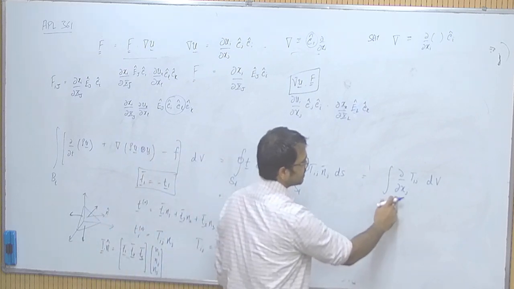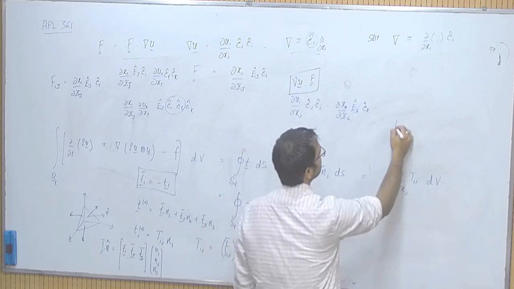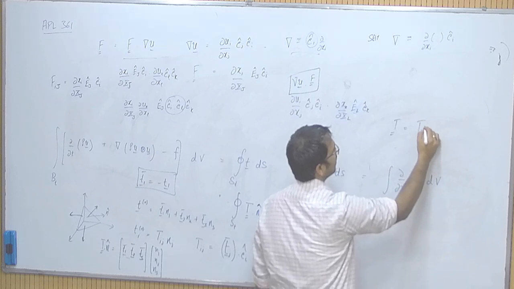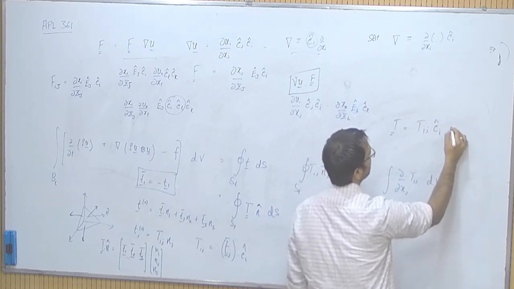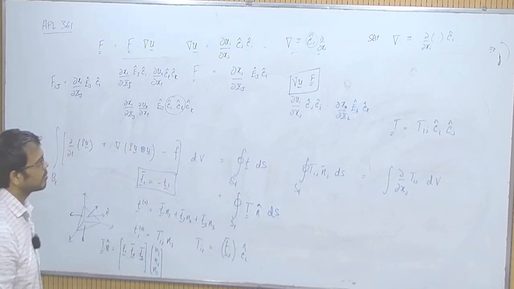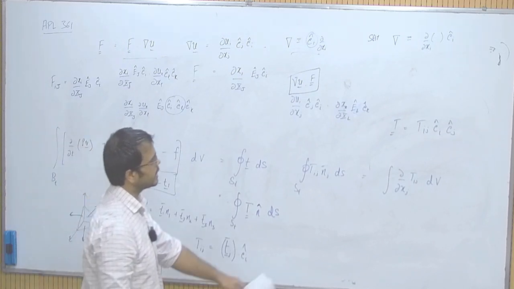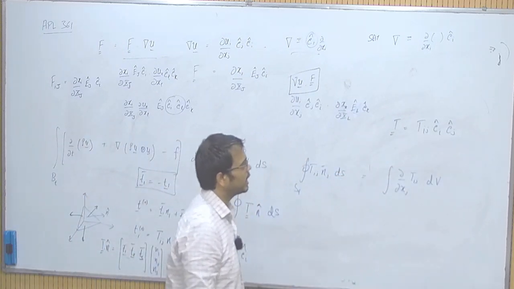How can I write this using the divergence of this tensor? Let us say this tensor is Tij e hat i e hat j.